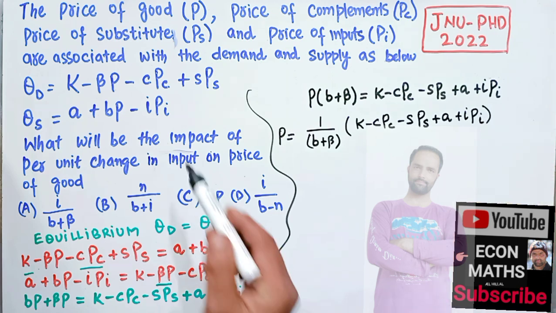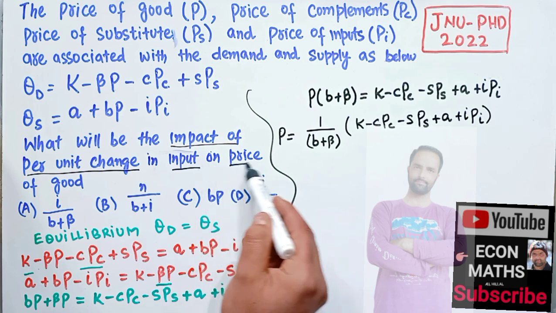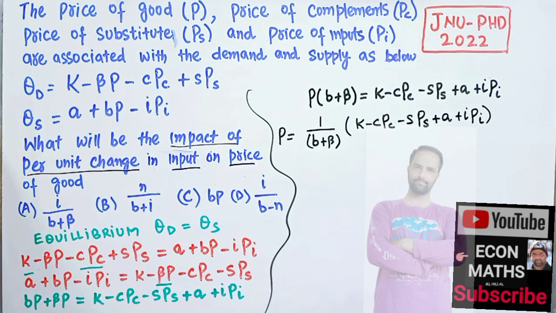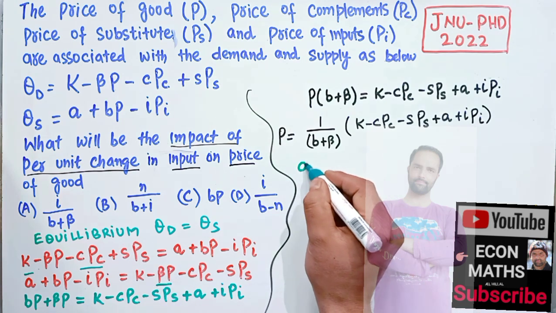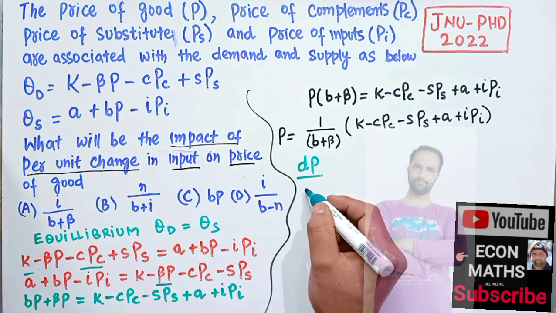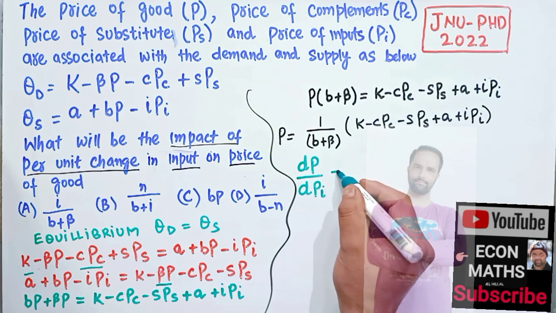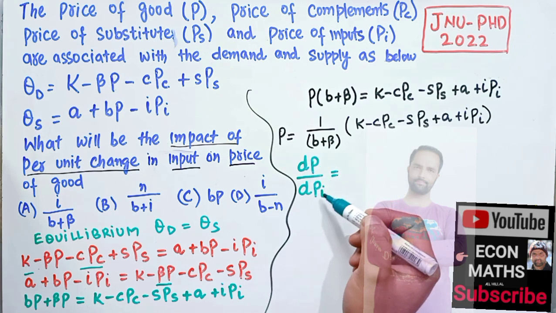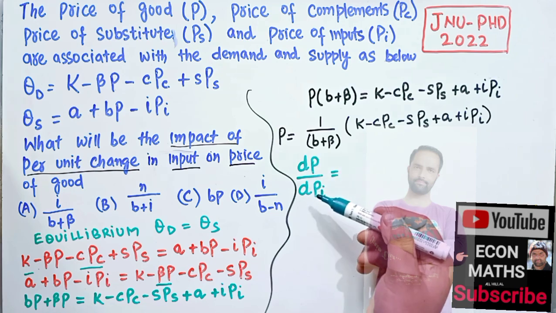Now the question tells us to find the impact of per unit change in input price on the price of good. Okay, so by this we mean, we want to find out the change in price of the good when input price changes. That means we need to find out this very derivative, that is dP upon dPI, change in the price of good with respect to change in the input price.